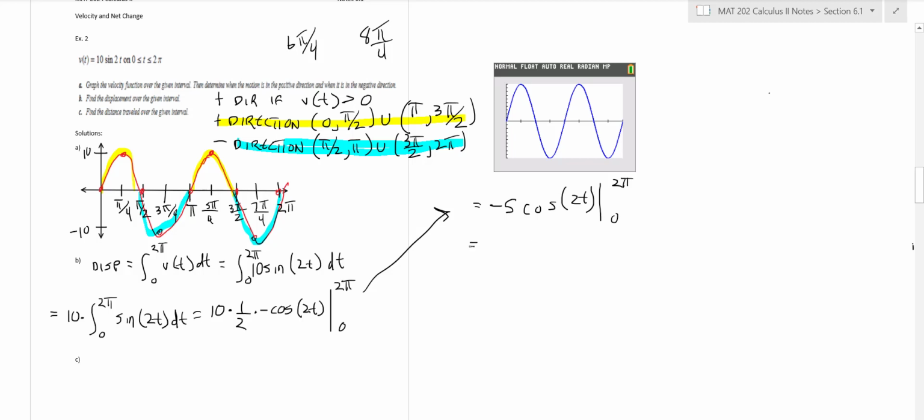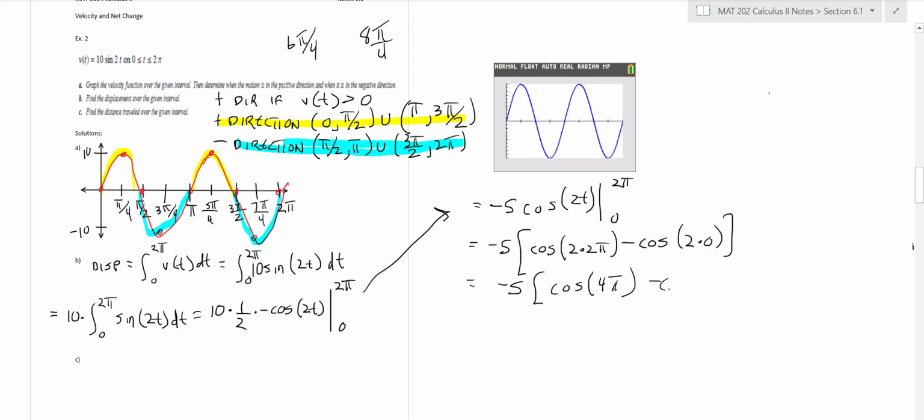All right, so negative 5 is a constant, so just write it down. And then we're doing the fundamental theorem of calculus, so we do cosine of 2 times 2 pi minus cosine of 2 times 0. Like that, work it out. So we have negative 5 times cosine of 4 pi minus cosine of 0. And we can work that out. Okay, unit circle time. 4 pi is 2 laps around the circle.